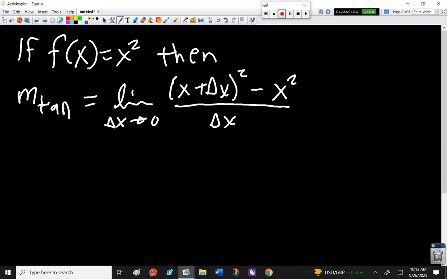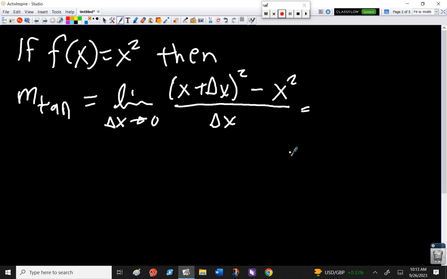Now, if you were to plug in 0, we would get 0 over 0, which, of course, you just found out you can't have. So what we're going to do now is multiply out the top part.